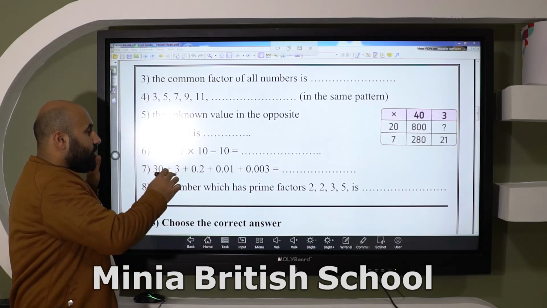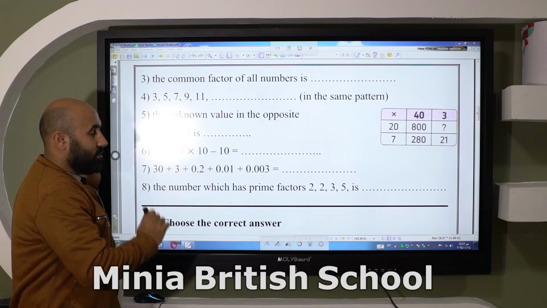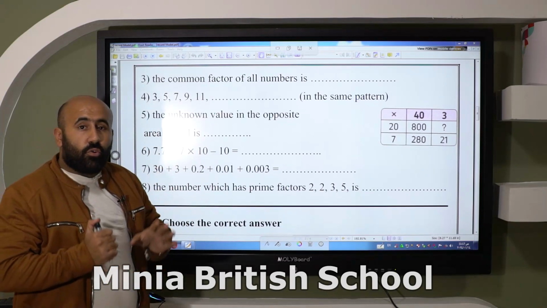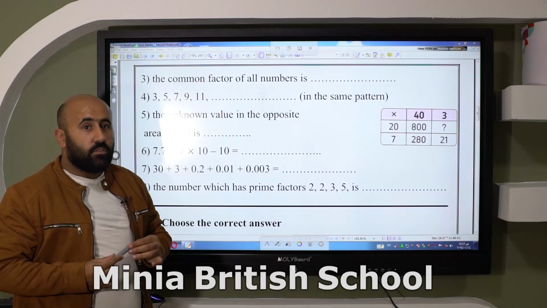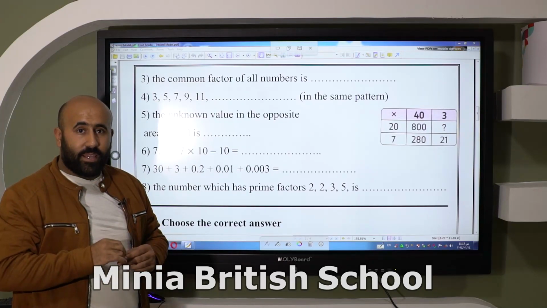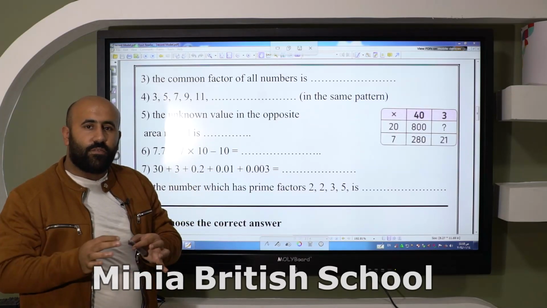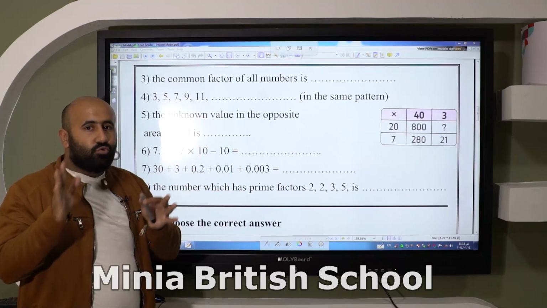7.7 divided by 7 times 10 minus 10. The order of mathematical operations, you must remember it well. First, the brackets. Second, perform the multiplication and division from left to right.